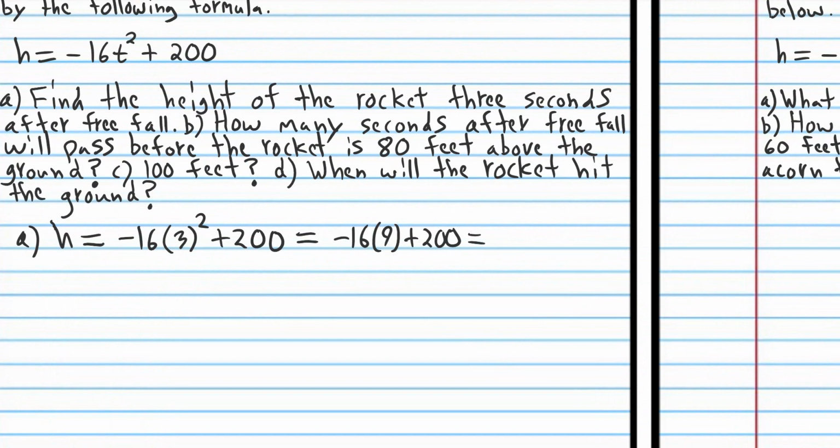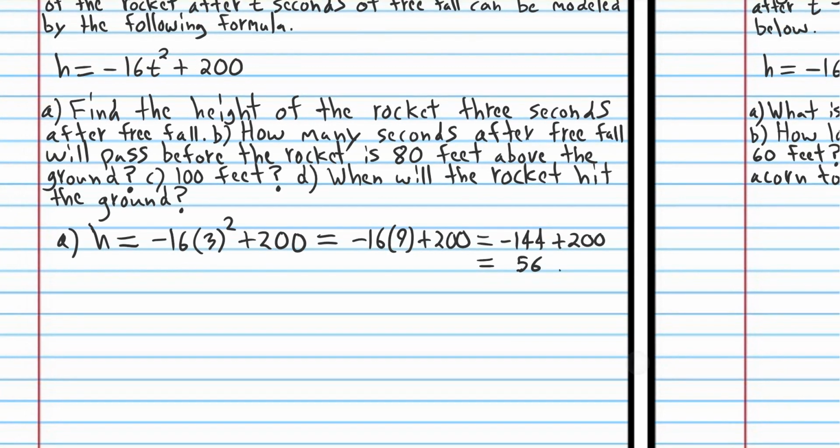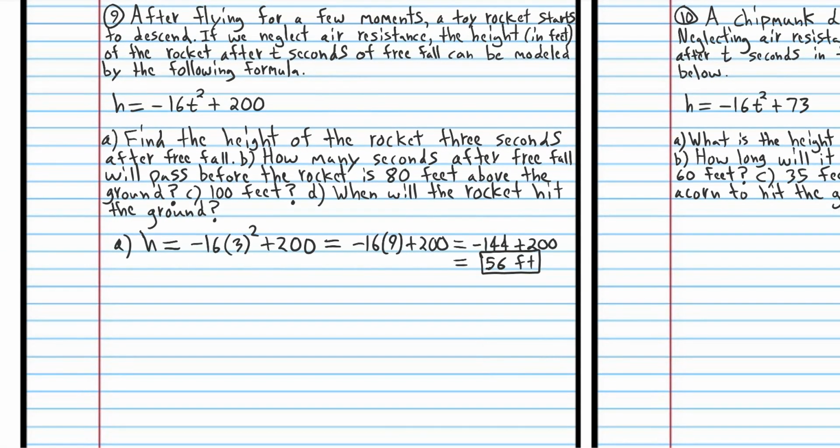So -16 times 9 would be -144. And -144 plus 200 will be 56. So the object will be 56 feet above the ground after 3 seconds of free fall.